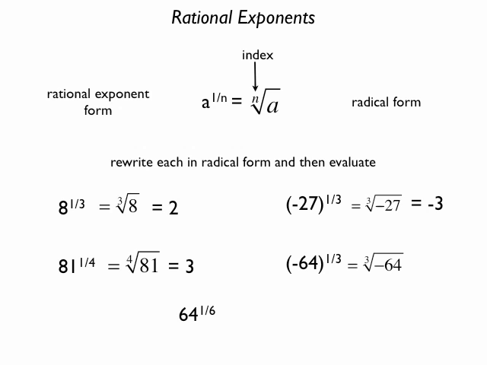Negative 64 to the 1/3, we will rewrite as the cubed root of negative 64. What raised to the 3rd power is negative 64? It'll be negative 4. And then 64 to the 1/6 power, what raised to the 6th power is 64? That would be 2. So being able to rewrite in radical form is very important, and then having that list right there is going to be important as well.